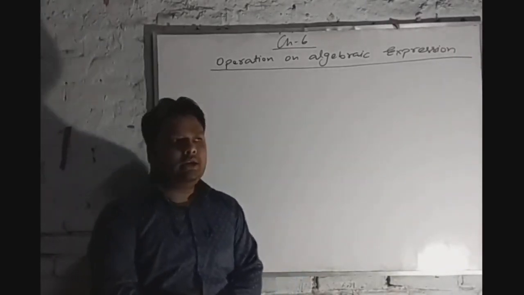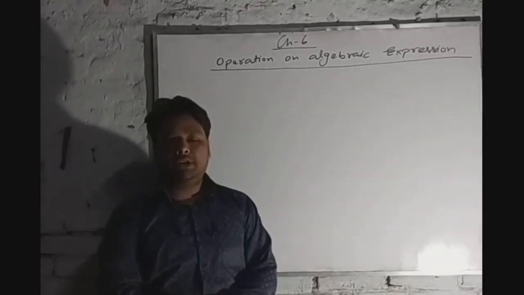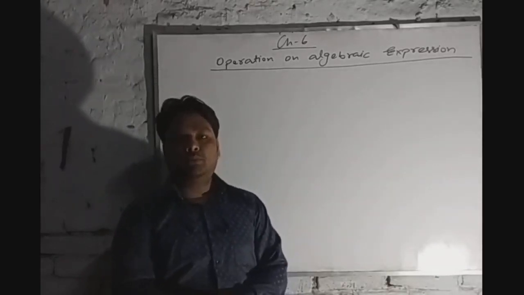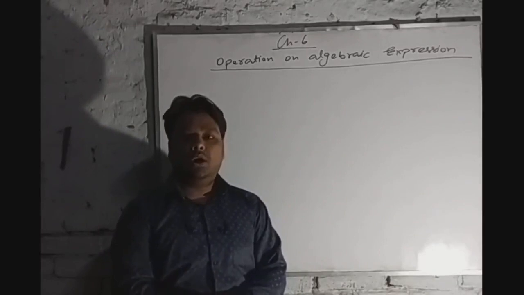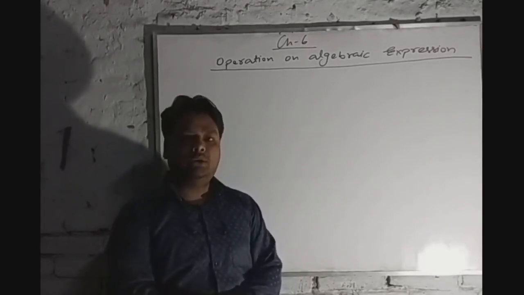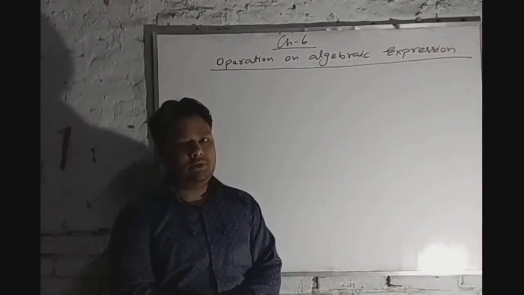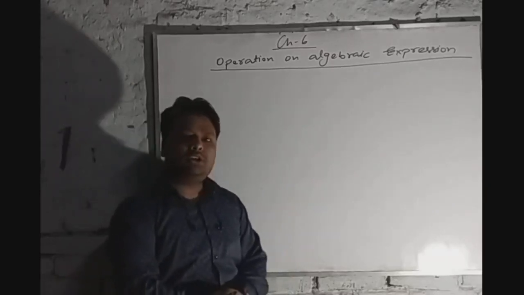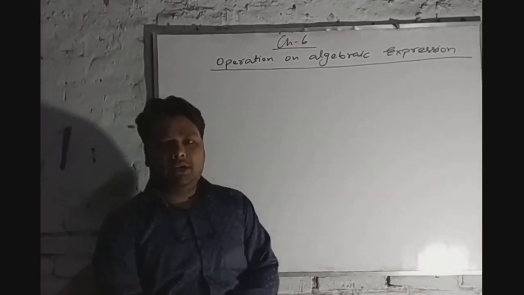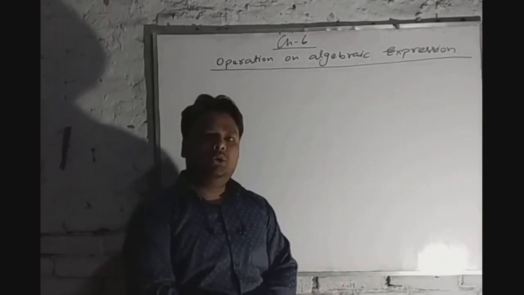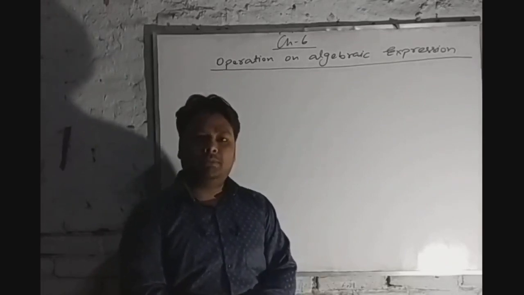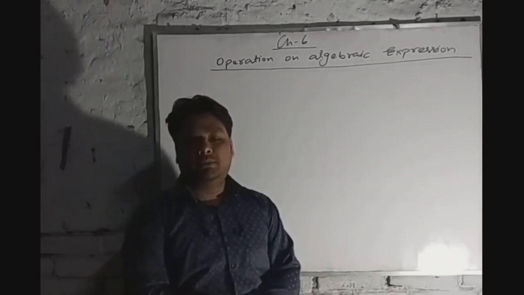In the previous video we discussed the addition process, that is how to add or subtract two or more expressions. We also discussed multiplication, how to multiply two or more expressions by both methods.